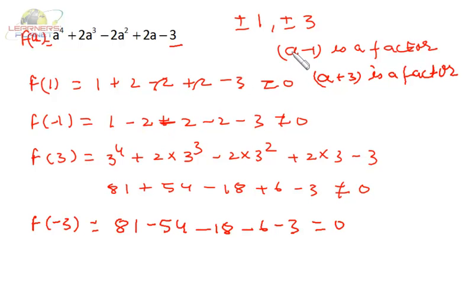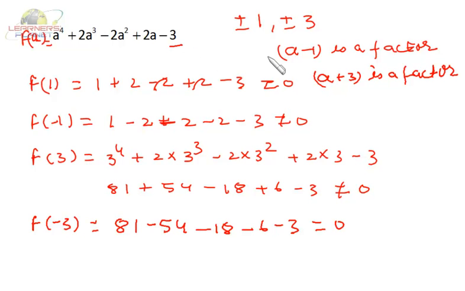We are left with only 2 options now, that is a is equal to 1 and a is equal to minus 3. But since this is a biquadratic polynomial, 2 more factors should be there. So let's try to find out whether they exist or not.